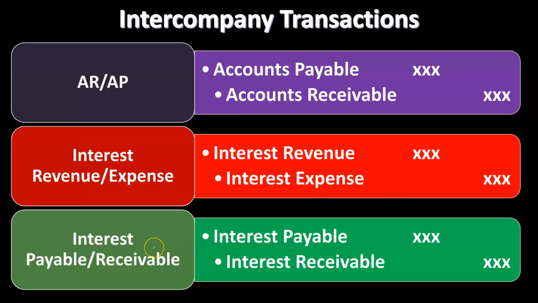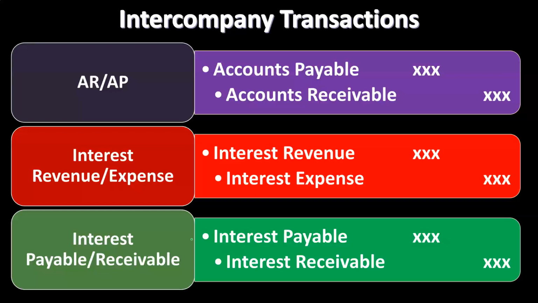We can also have interest payable and receivable, in which case the interest has not yet been paid, for example, but has been accrued. So if you had a year-end adjusting entry where, let's say, there was a loan that P made to S, then S would owe interest if they didn't pay it.